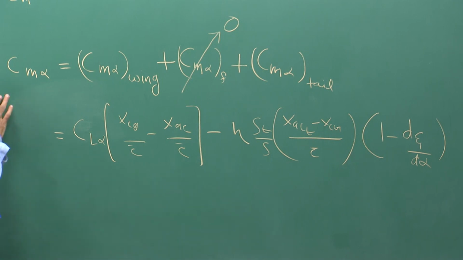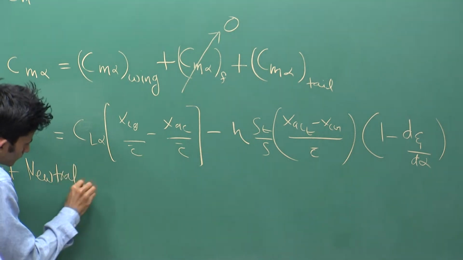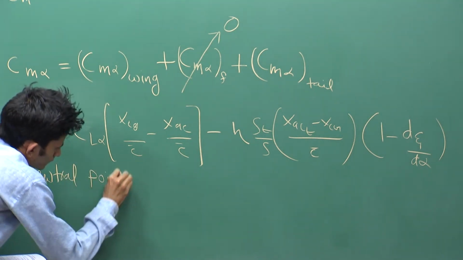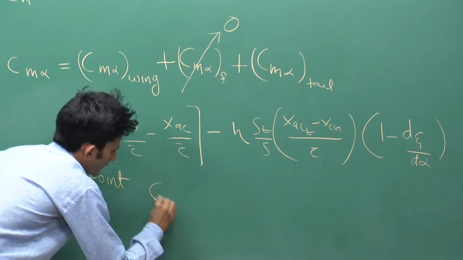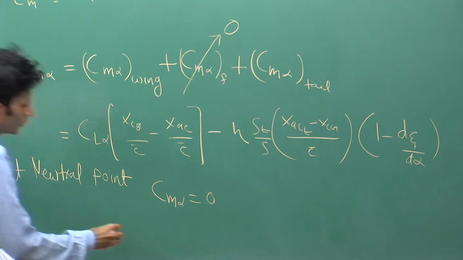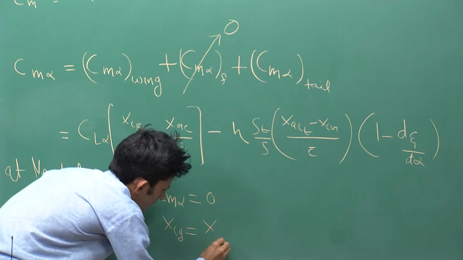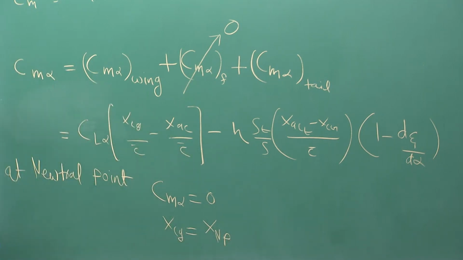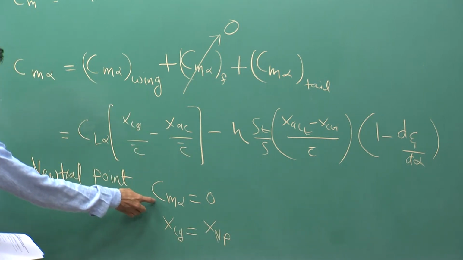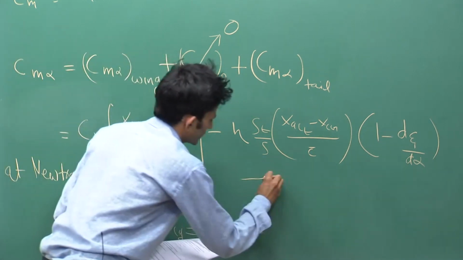So you have to find the neutral point. So at neutral point your Cm alpha will become 0. Cm alpha will be 0 and xCG will reach the neutral point. So put Cm alpha equal to 0 and xCG equal to xNP in this equation. Let us make it equation 1.